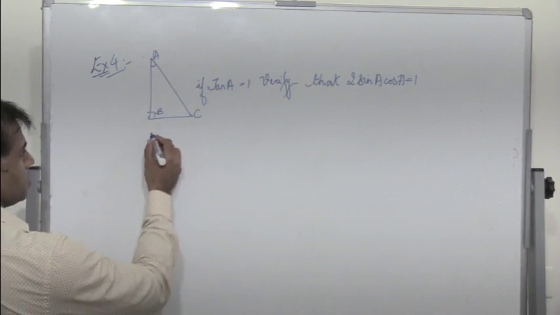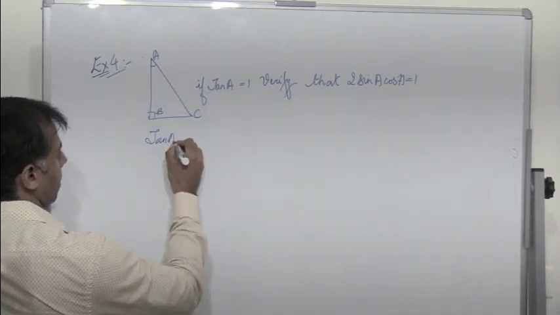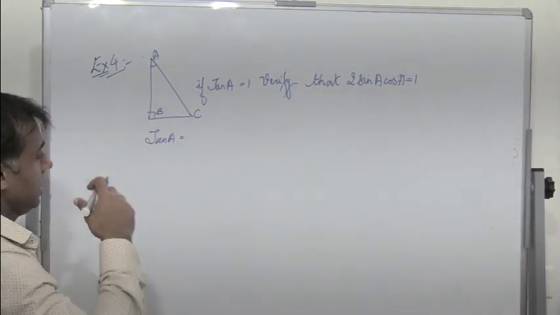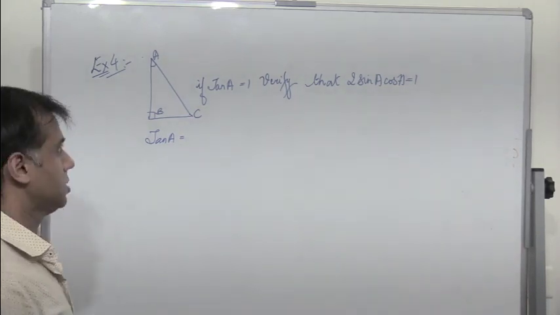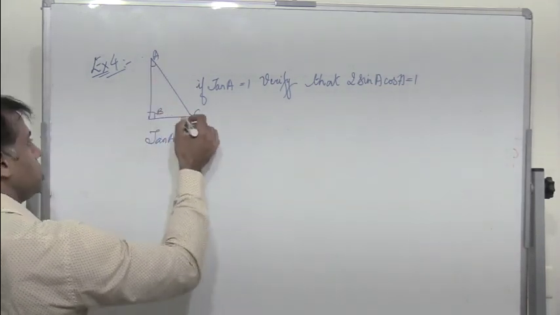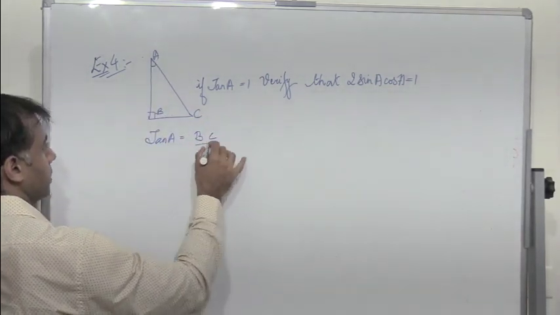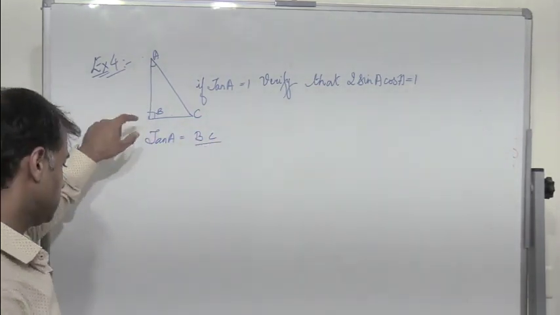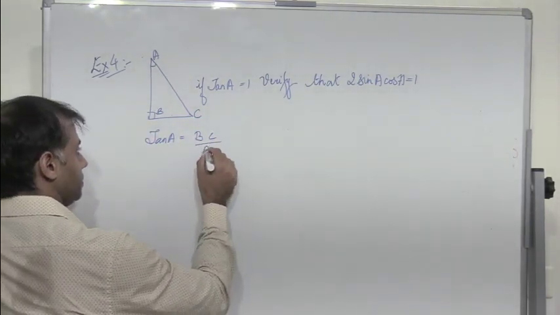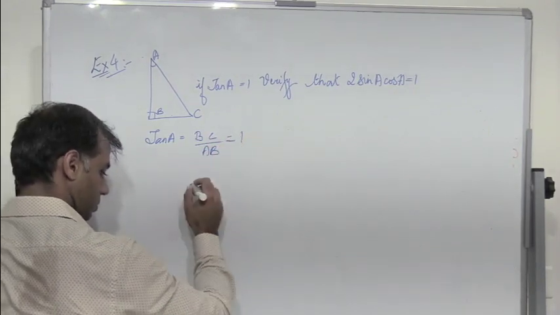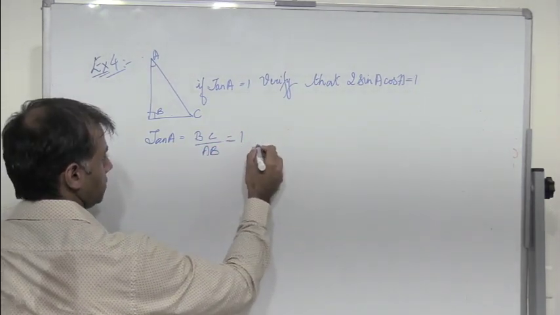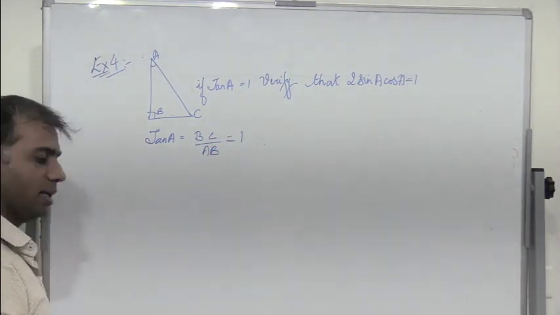So tan A is 1. So what is tan A? Tan A in general is opposite side by adjacent side. Opposite side to A is BC. Adjacent side to angle A is AB. So this is 1, so this is basically a ratio, isn't it?